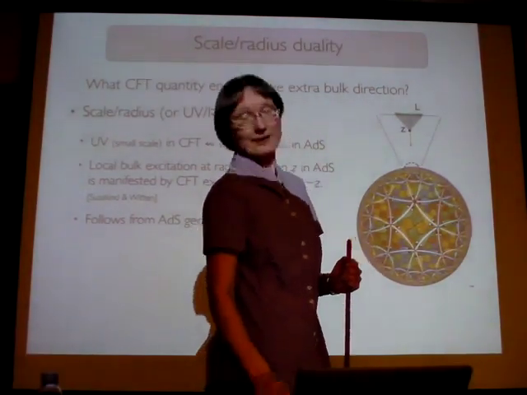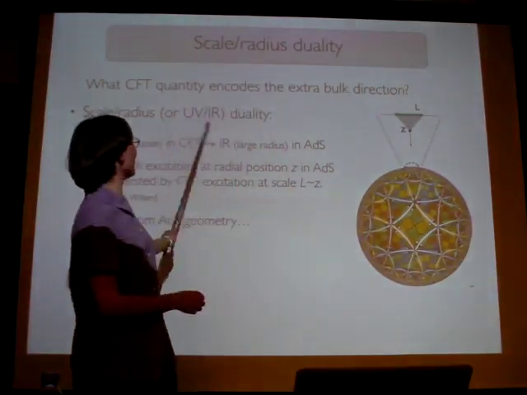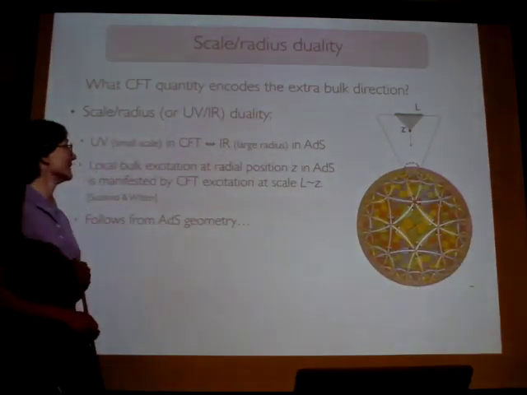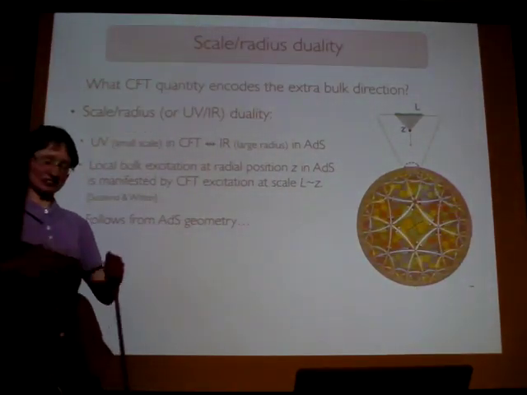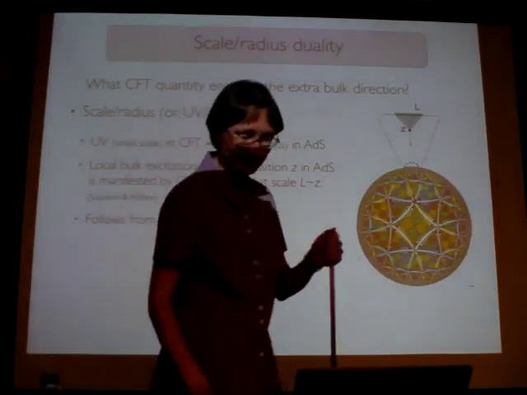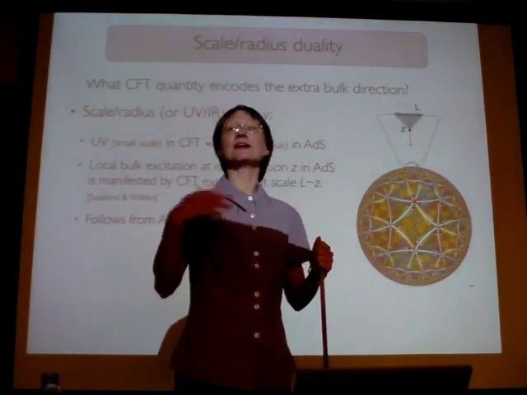Okay, now this UV/IR, or scale-radius duality, has some very interesting subtleties, which I won't have time to tell you about right now, but it does bring a lot of intuition.